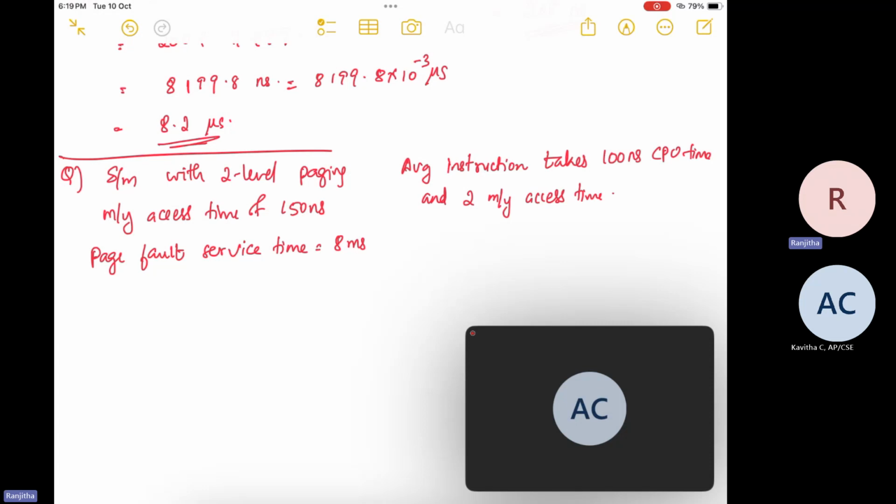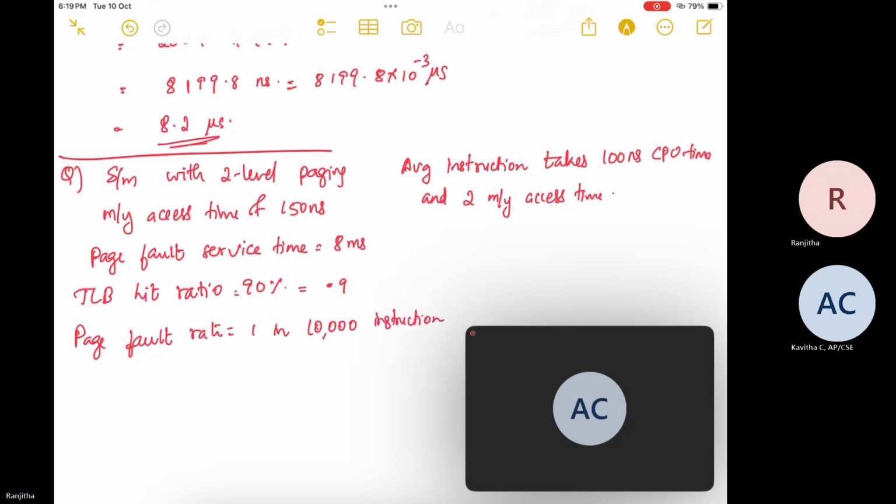It is told that an average instruction takes 100 nanosecond CPU time and 2 memory accesses. It is also given that there is a TLB and the TLB hit ratio is 90%, which is equal to 0.9, and the page fault rate is 1 in 10K instructions, which is 1 by 10 power 4, 10 power minus 4.